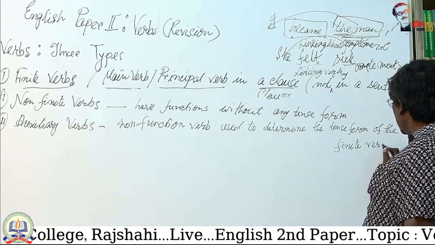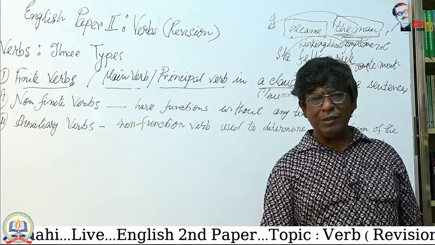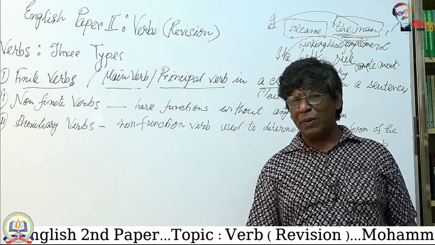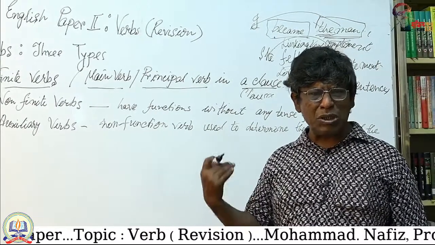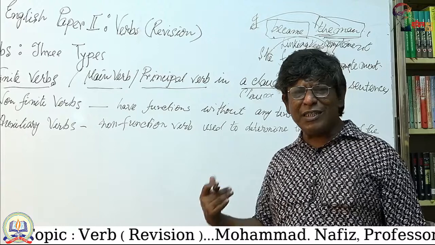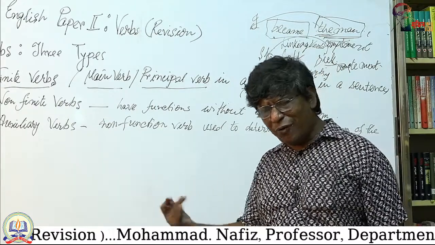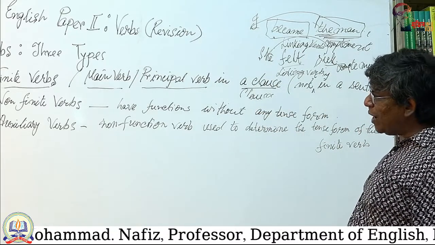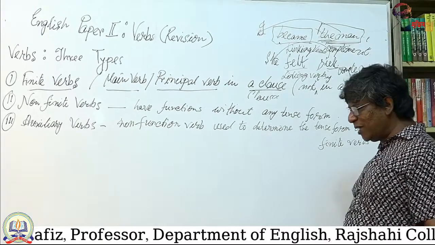That is why an auxiliary verb is also called the helping verb. An auxiliary verb is used as the tense determining verb of a particular finite verb. So we have three types of verbs: finite verbs, non-finite verbs, and auxiliary verbs.